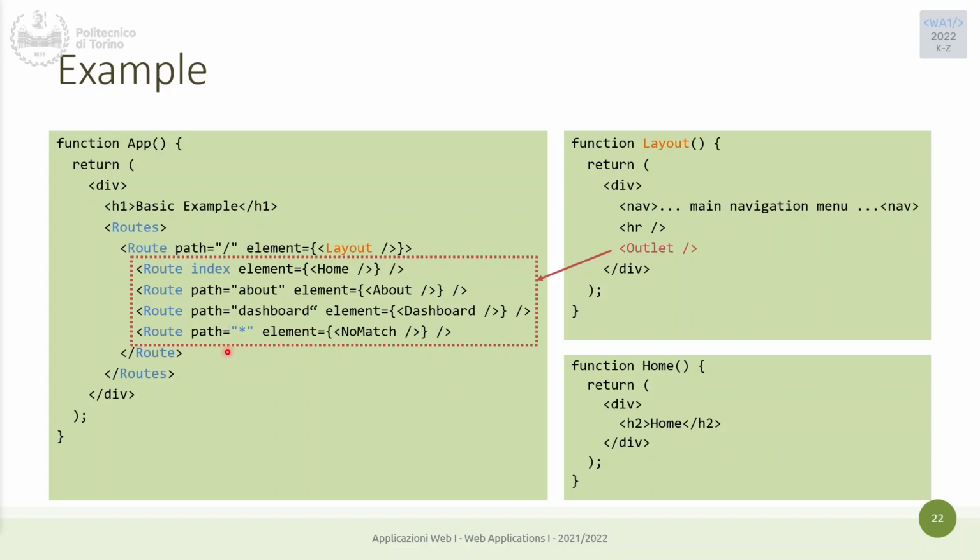In addition, we also have the star path, the real default case, which is rendered not when you go to localhost 3000, because that is managed by the main route here, but if you write localhost 3000 / and something more. You will still have the navbar, the horizontal rule, the div, so all the components that you have here.